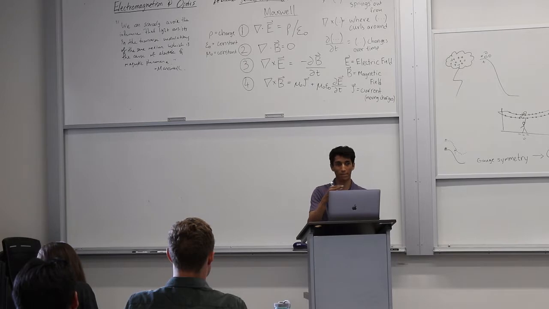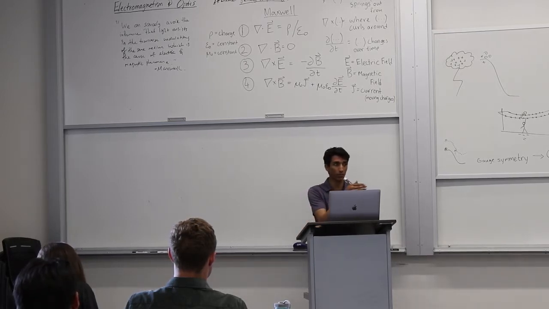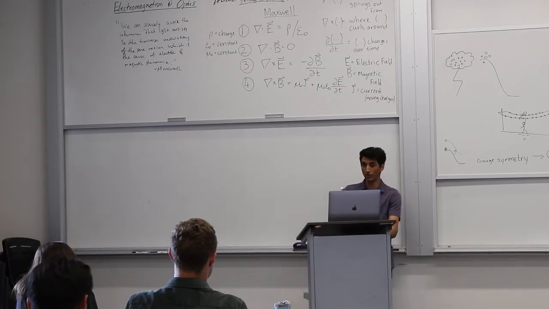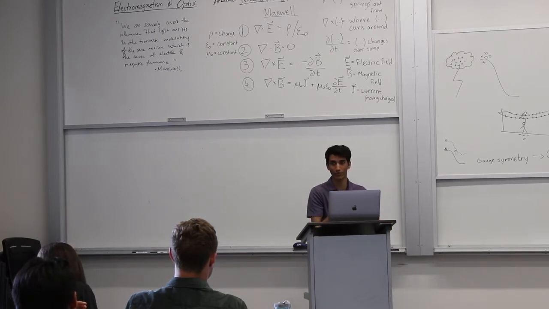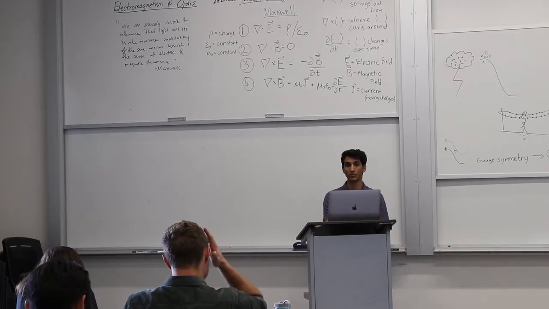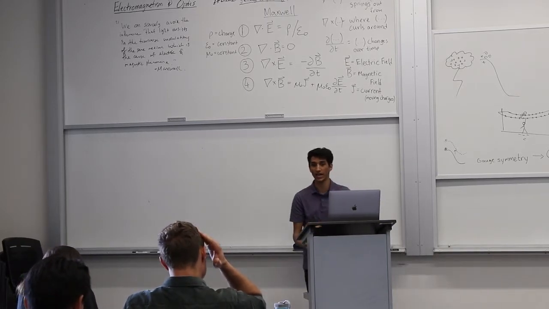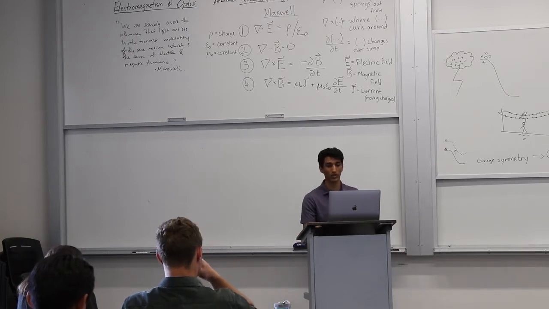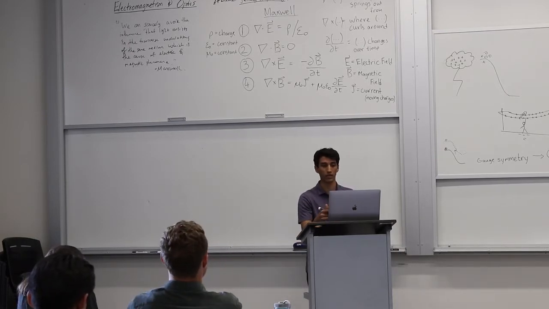And this idea is very similar to the idea of a wave. If you were to do the math completely out, you literally get the equation for a wave out of the solutions of this. And so he noticed that it behaves exactly like a wave. And so this is where the idea of light being an electromagnetic wave was born.